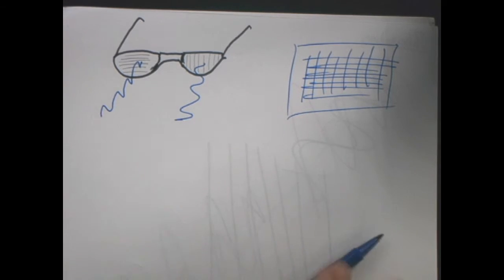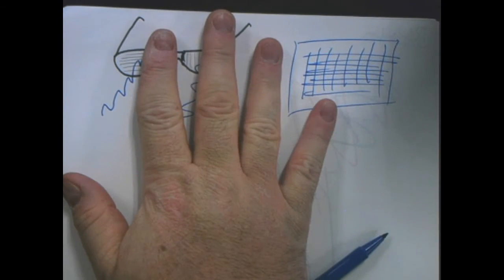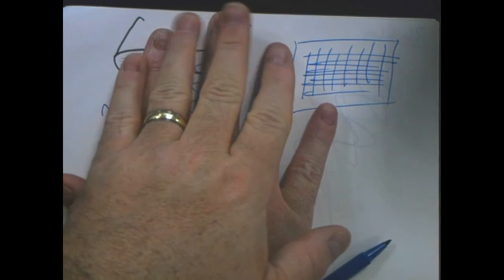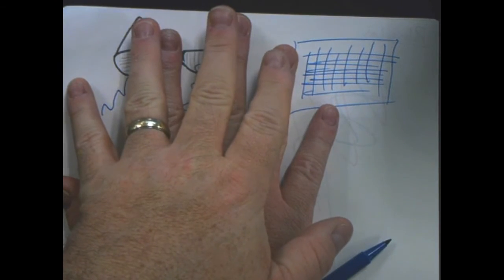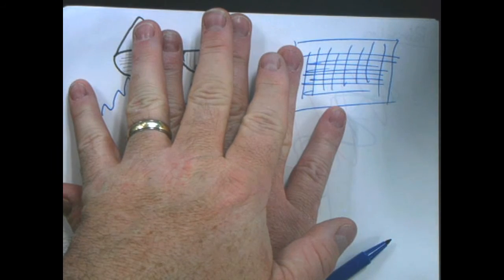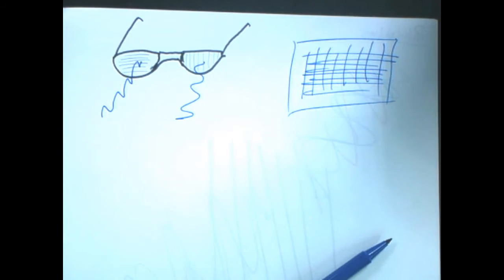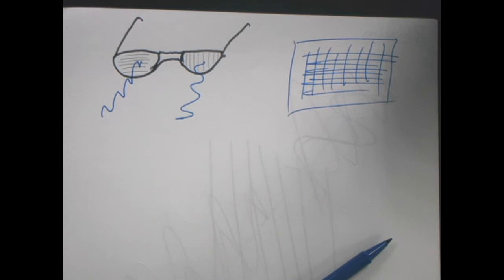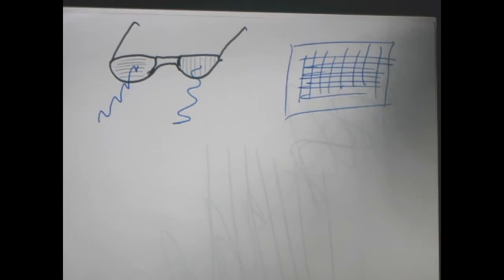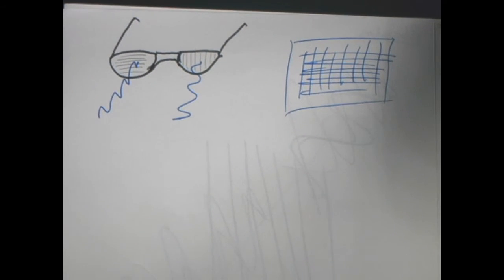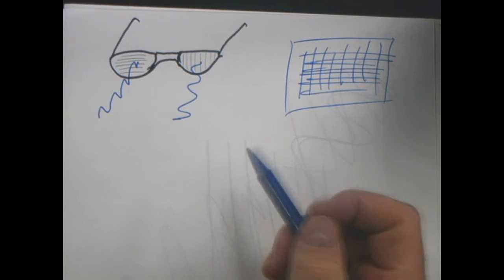So if this is the image you want to see, you're getting a second image that's just off to the side of it. Both eyes are seeing the same image. When you put the filters on, one eye sees one image, the other eye sees the other image, and that's how they control the two different images getting in your eyes, and how they imitate depth perception.